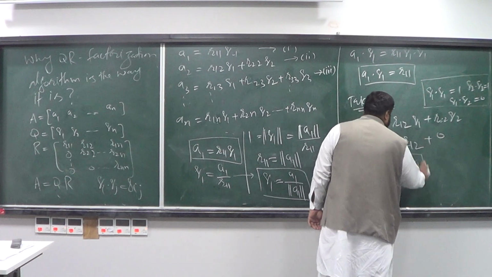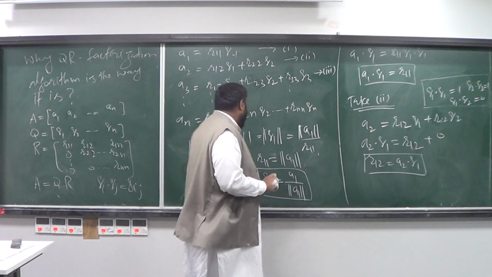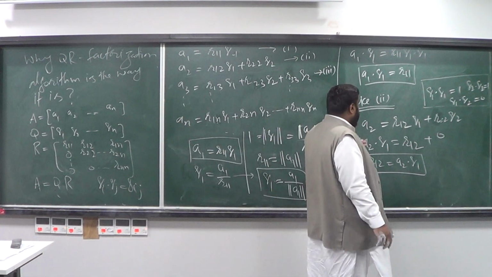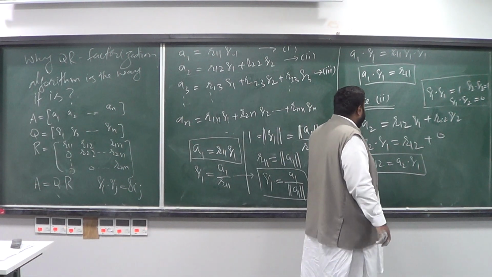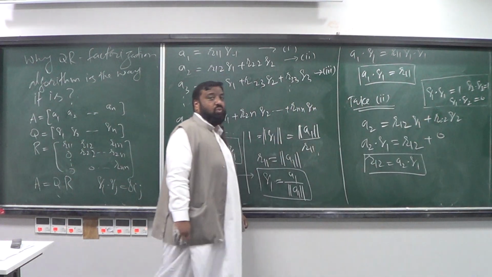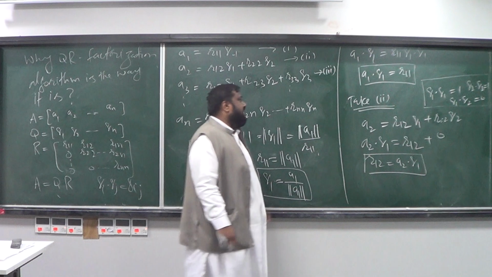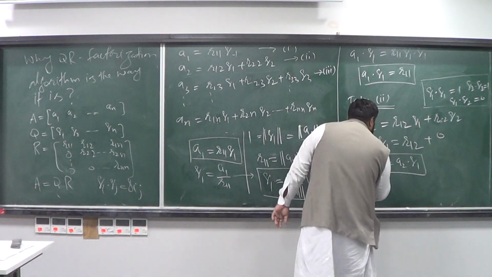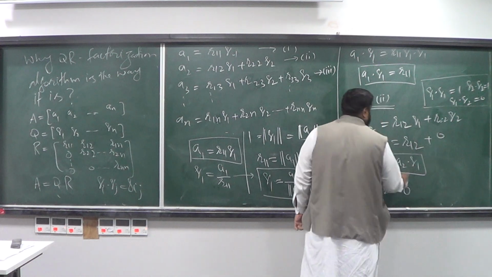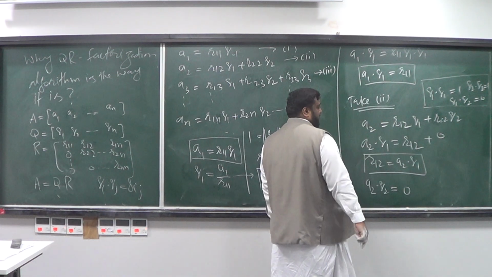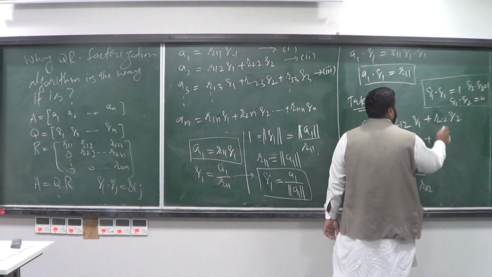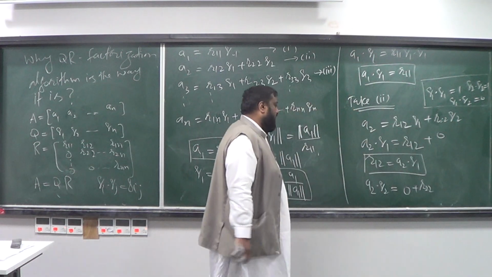So you got another entry of this matrix. What you can do next is take the same equation and multiply with Q2. This is going to be A2 dot Q2, equal to 0 because Q1 dot Q2 is 0, plus R22, and Q2 dot Q2 is 1, so it's going to be R22.